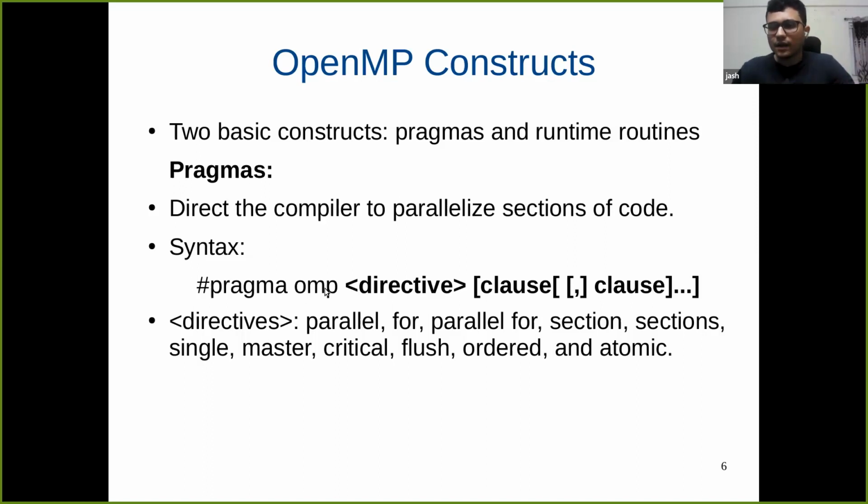It instructs the OpenMP part of the compiler that you have to handle the structured block of code that is coming next in a particular way. We'll see this later also. That is what the directive does.